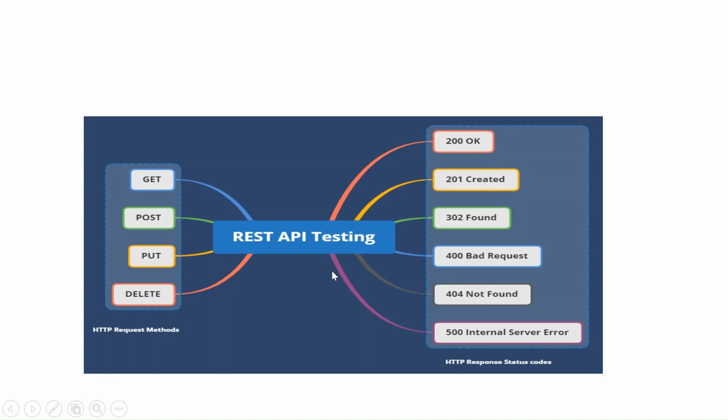With the API, we can do functional testing, as I told you, like adding to cart and viewing cart. We can do performance testing, like hitting 1,000 API requests and seeing what happens. We can check security vulnerabilities by doing an SQL injection into the POST call and seeing whether it accepts it or not.